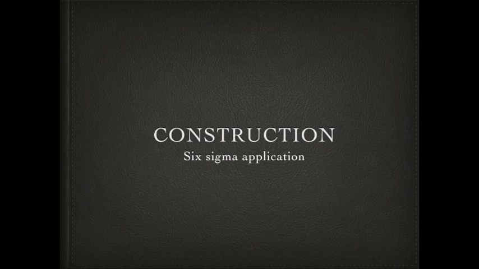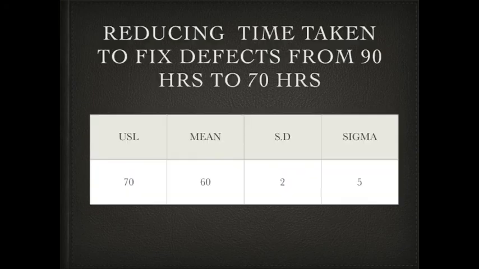Construction industry Six Sigma application. Defects is very important in construction industry, and now we are going to focus on reducing time taken to fix defects. So the project topic is reducing time taken to fix defects from 90 hours to 70 hours. Here the upper specification limit is 70.